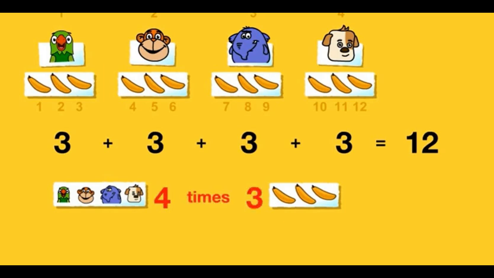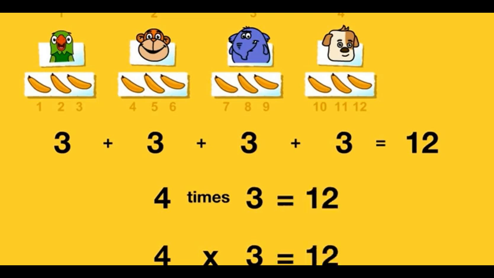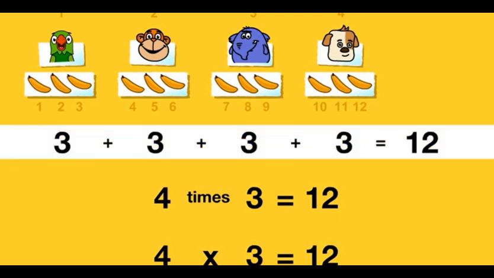We say this is 4 times 3, or 4 into 3. This also equals 12. So we see that 3 plus 3 plus 3 plus 3 is the same as 4 times 3.